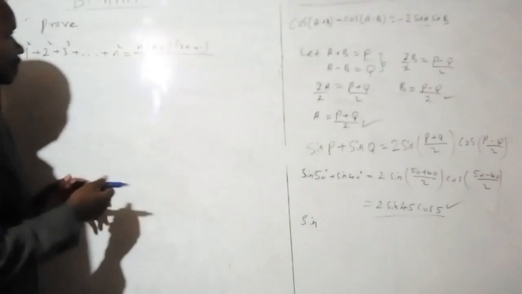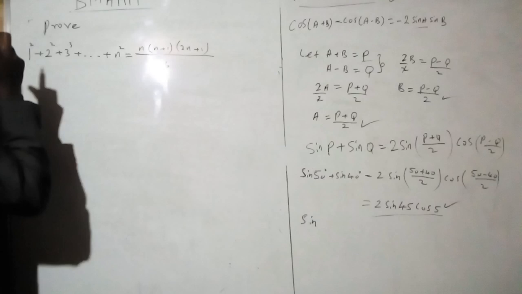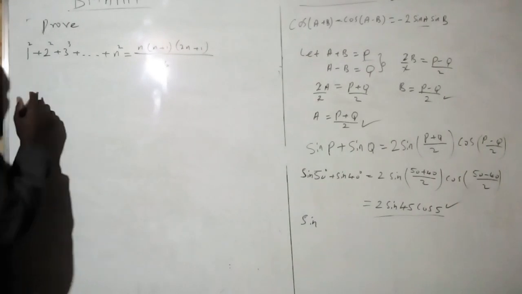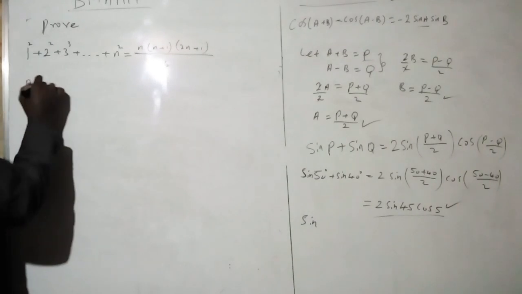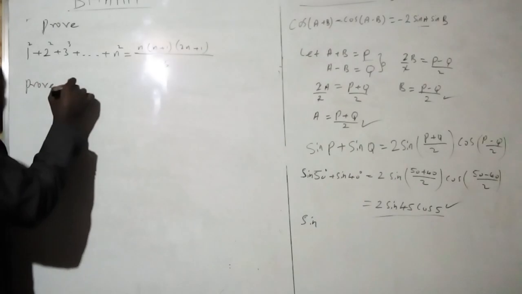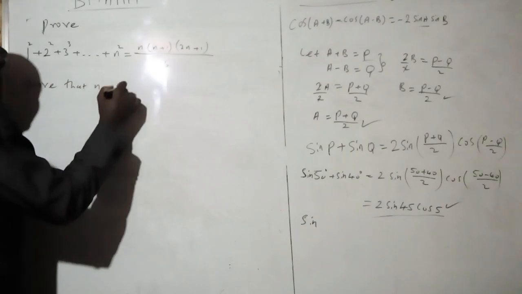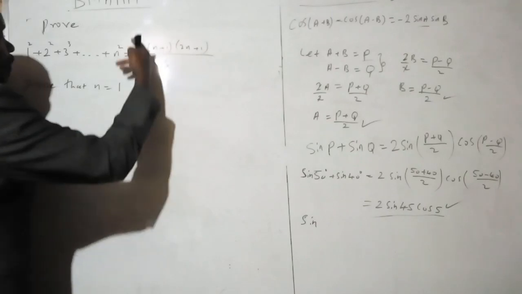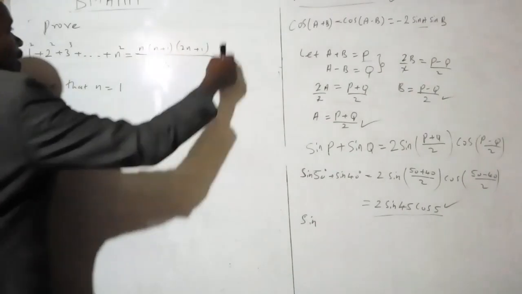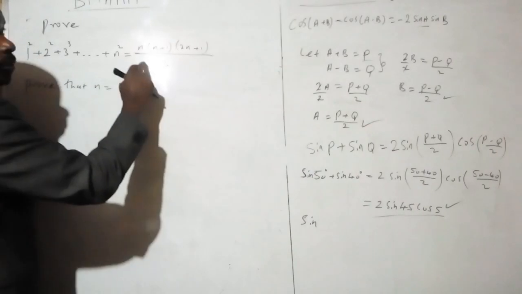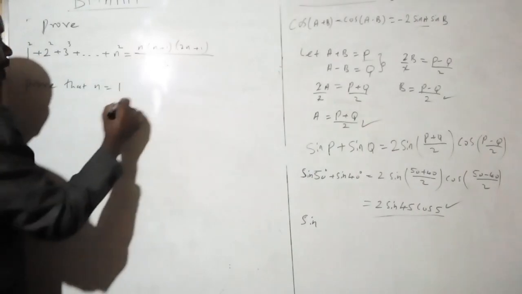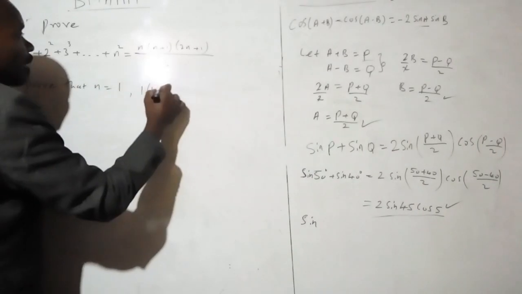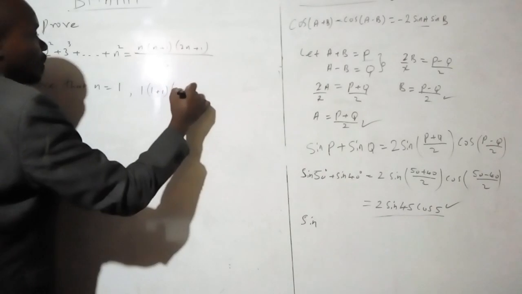First of all, we can prove for n equals 1. We are going to deal with the right hand side here. We want to prove that the whole of this is 1. So where we have n, we substitute with 1 to be 1 plus 1, 2 times 1 plus 1 all over 6.